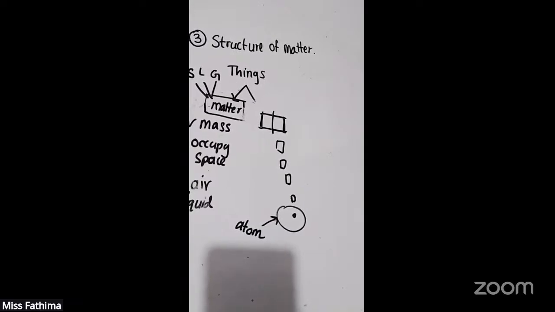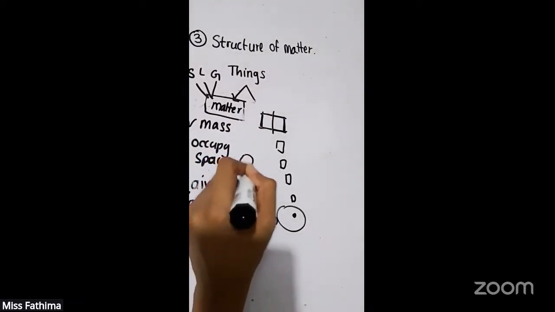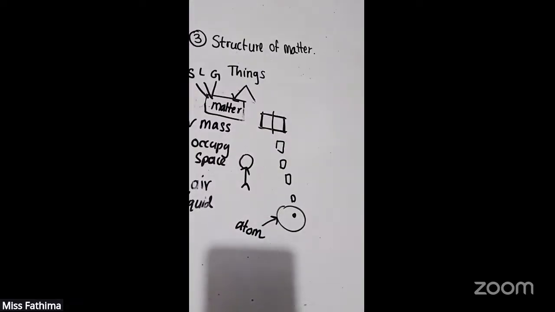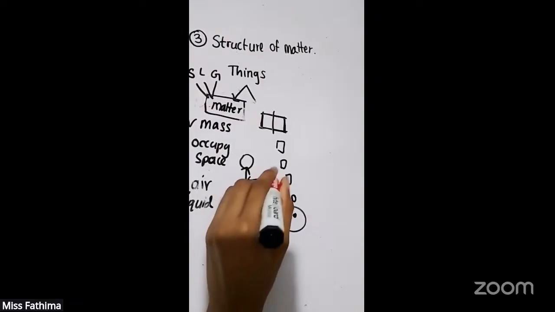Now, for example, let me relate it to another scenario. Take humans. Humans are a complex body. You have several organs and several systems working at a time. Everything is functioning, so that is a complex body. But when you go deeper, this complex body is made out of simple cells.